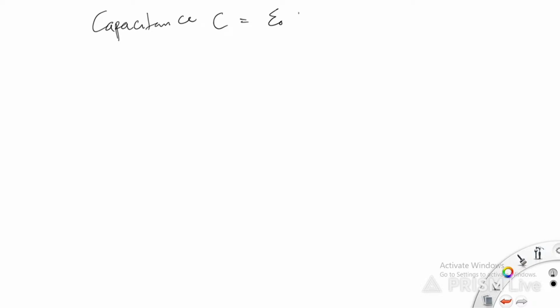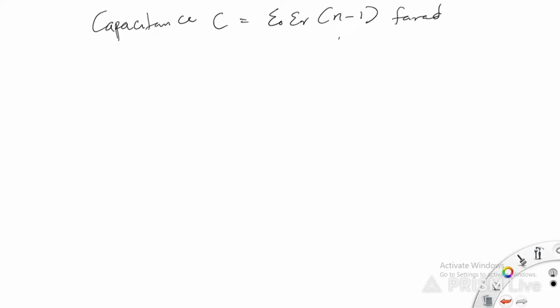E naught, A, E_r, open bracket N minus 1, all divided by D, measured in what? Farads. So this is the scenario where we're finding the capacitance of a capacitor which has multiple plates. So the number of plates to use is just N minus 1.